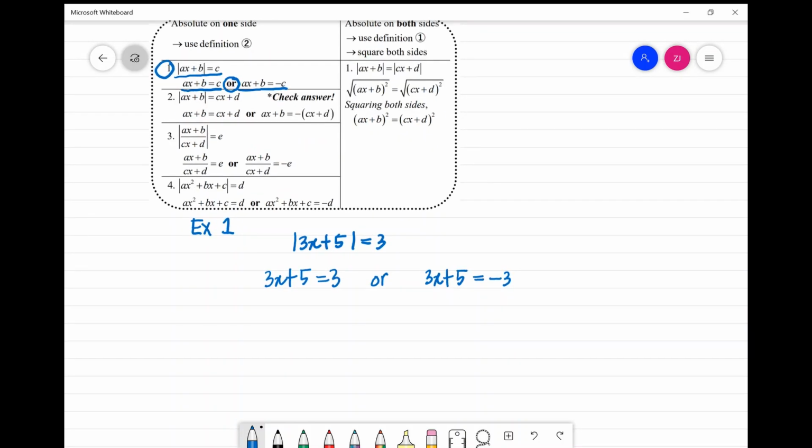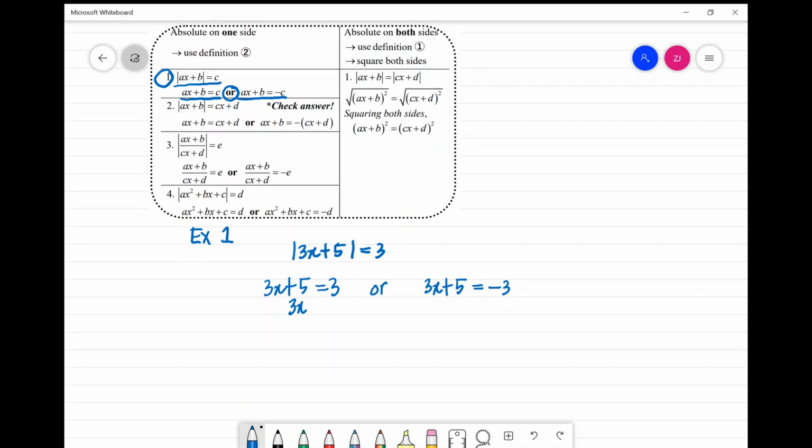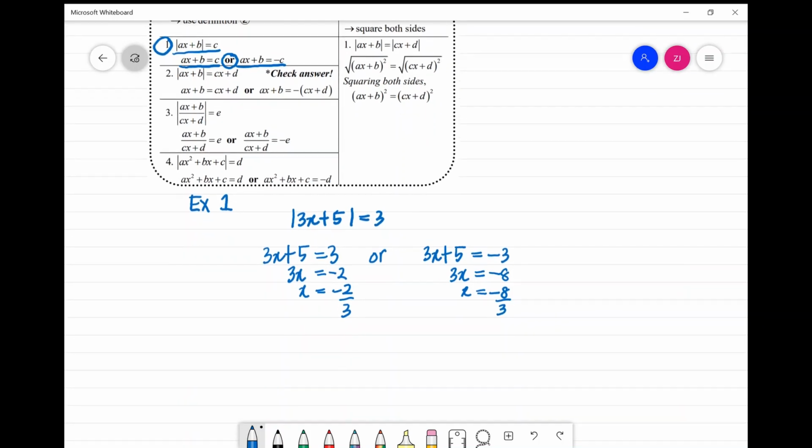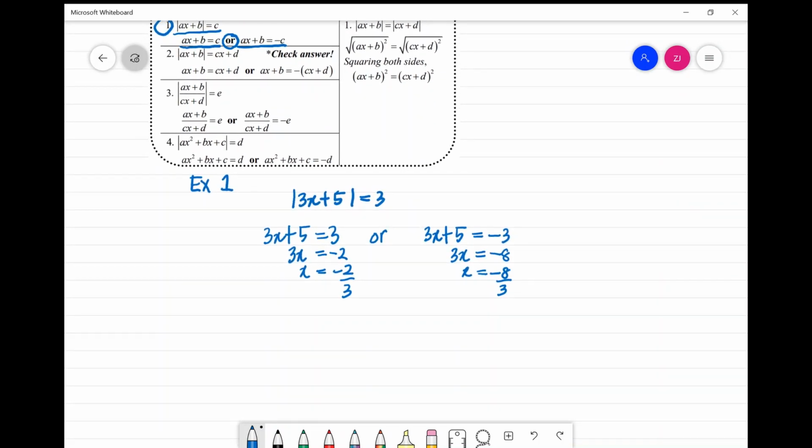Then we just solve the linear equation as usual. So we have 3x equals, we bring 5 to the right, 3 minus 5, which is negative 2, and x equals negative 2 over 3. For the second equation, 3x equals negative 8, and x equals negative 8 over 3. But we cannot simply stop here, we have to leave the answer as a solution set.